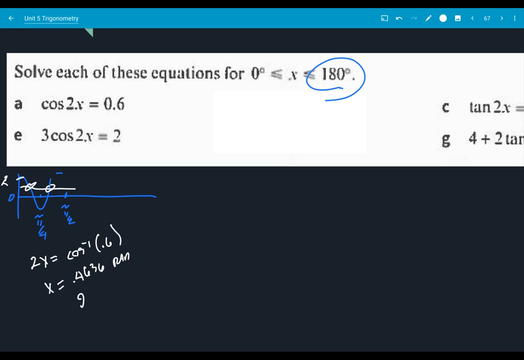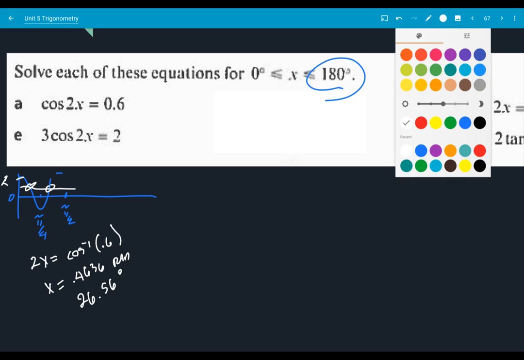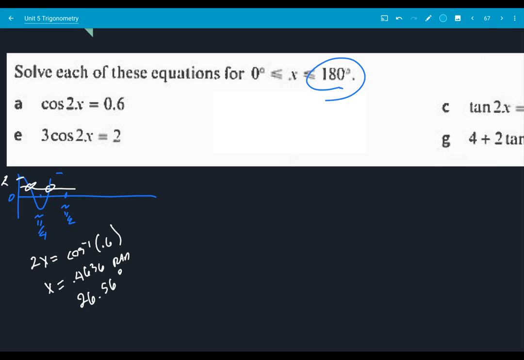So I'm going to get 26.56 degrees. The reason I did that is because it gives us our domain restriction in degrees, so there's a good chance that they're going to want everything else in degrees. So that is one solution. That's 1 point towards solving the problem. So x is equal to 26.56.